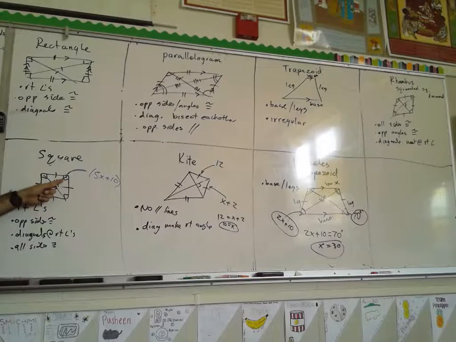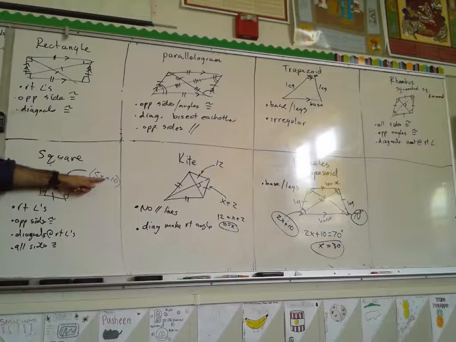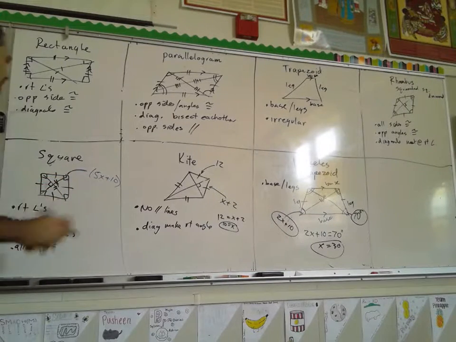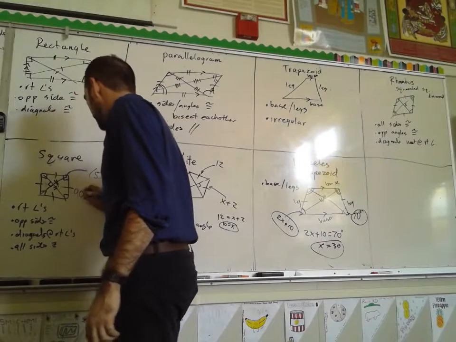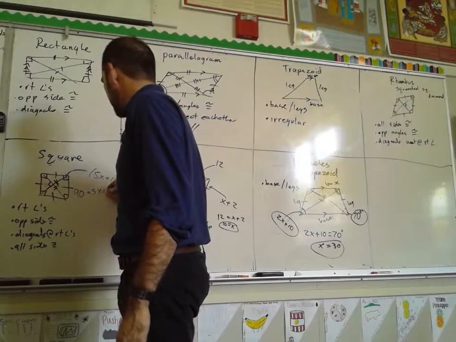What does that box shape tell us? It's a right angle. So I know it's 90 degrees. So if that angle has this expression, 5x plus 10, I know that's 90 degrees, so I take 90 and make it equal to 5x plus 10.